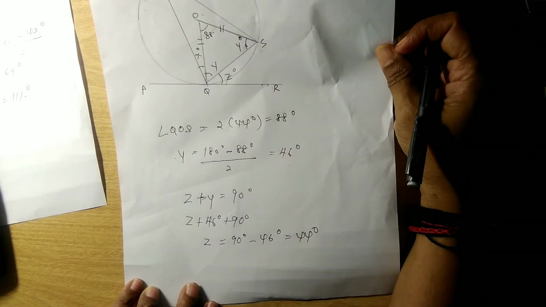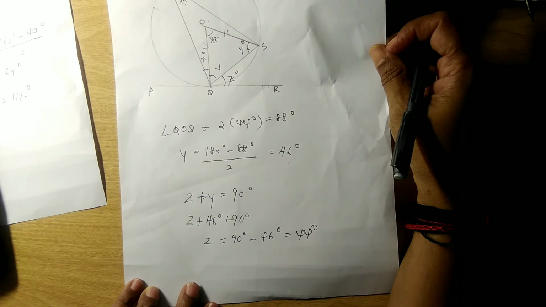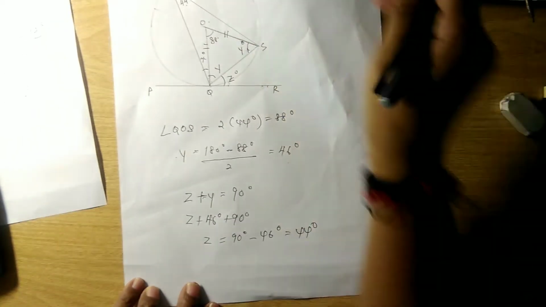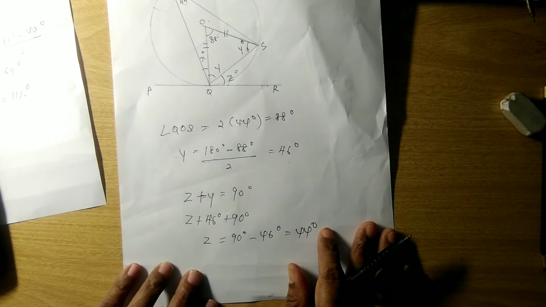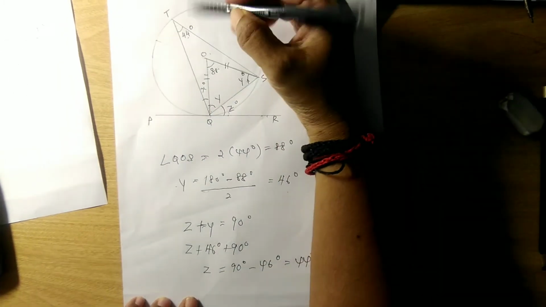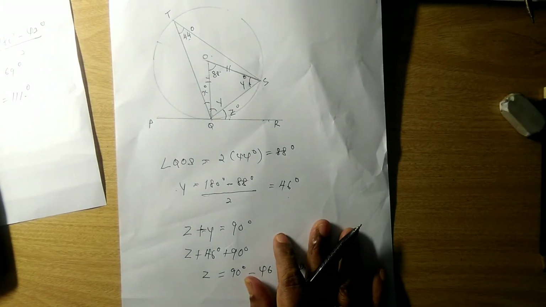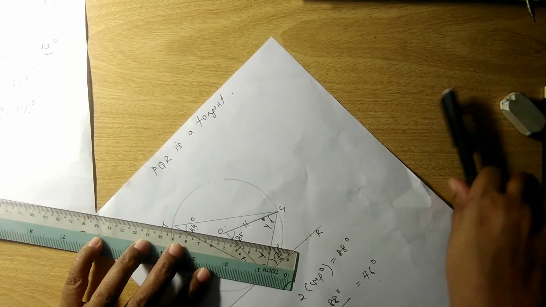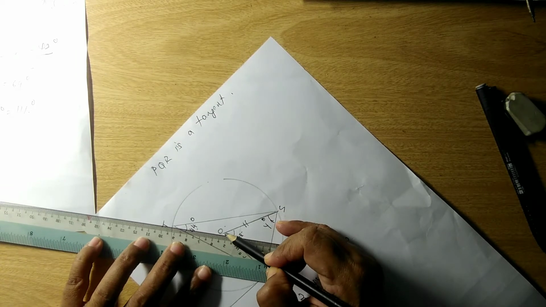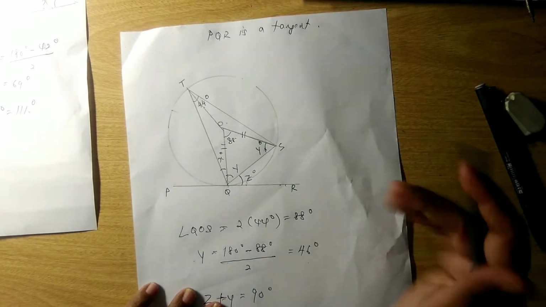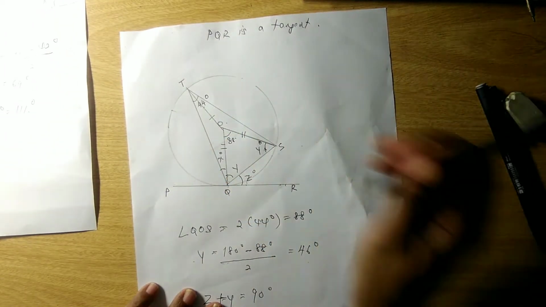Lastly, to find the x, what you can do is draw a line here. This is radius, this is also radius.